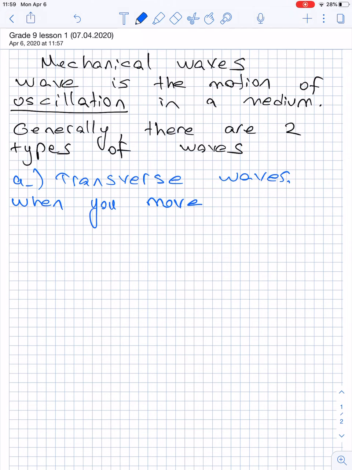When you move a spring as in the figure, look at it moving up and down like this.